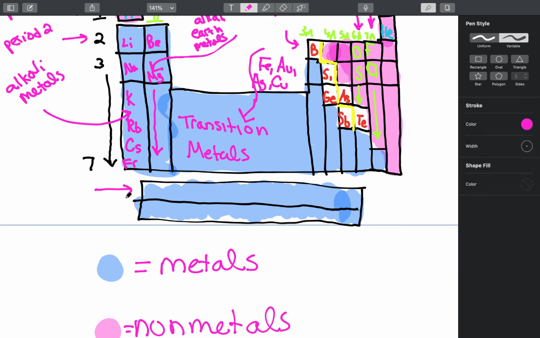This is where elements get weird. So these two parts, this upper part is called the lanthanide series. And then this second period is called the actinide series.